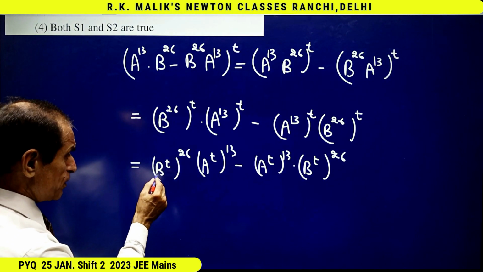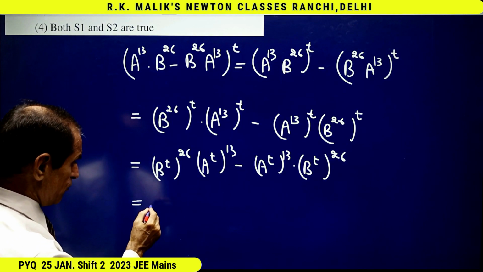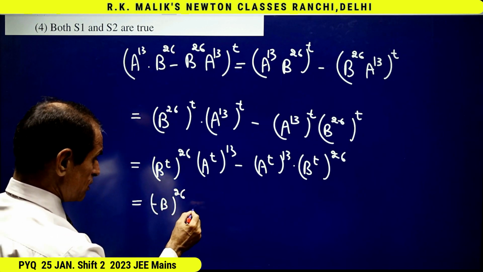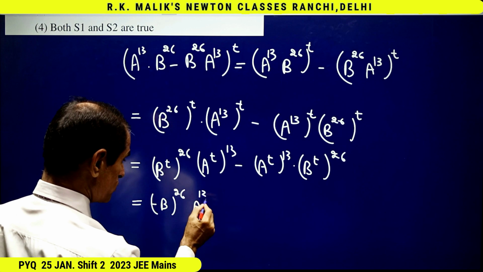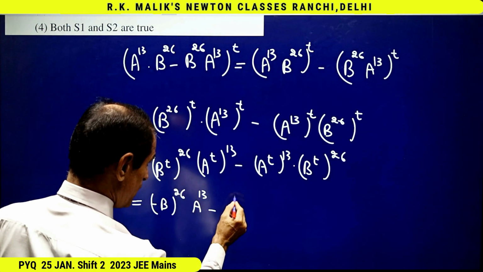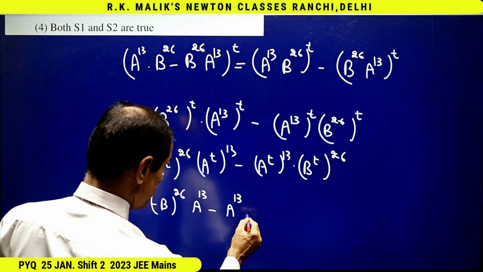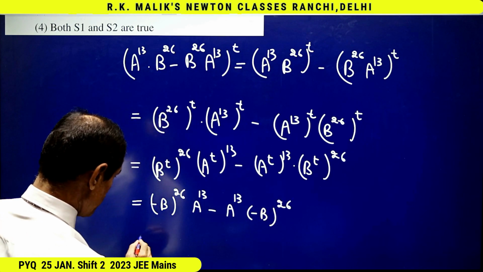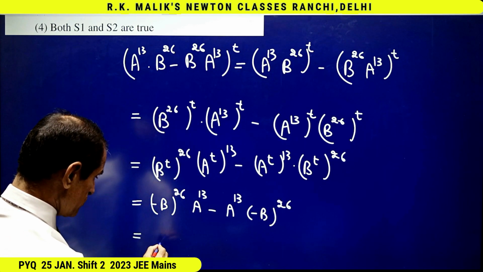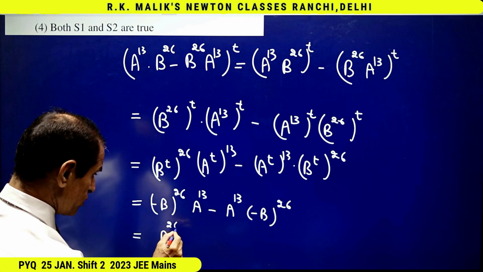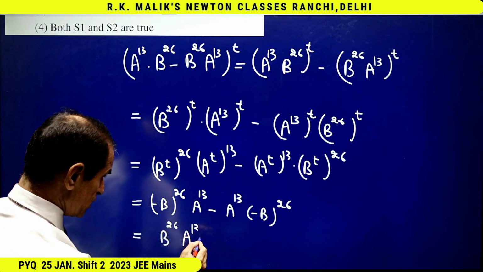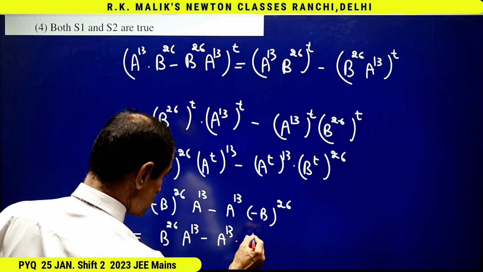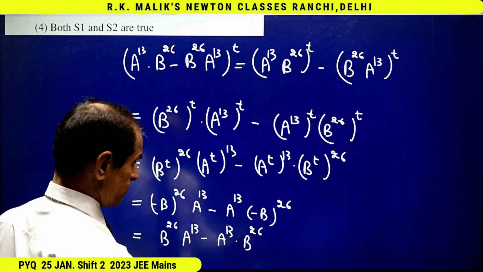And because B was skew symmetric, therefore it is minus B to the power 26, A to the power 13, A to the power 13, and minus B to the power 26. Hence I get B to the power 26, A to the power 13 minus A to the power 13 into B to the power 26.